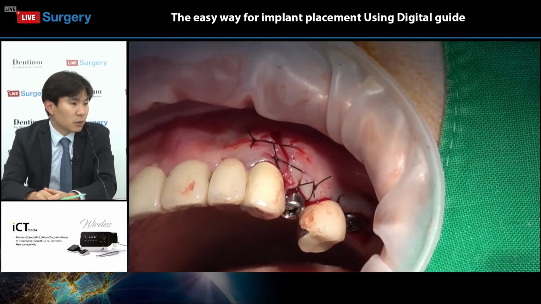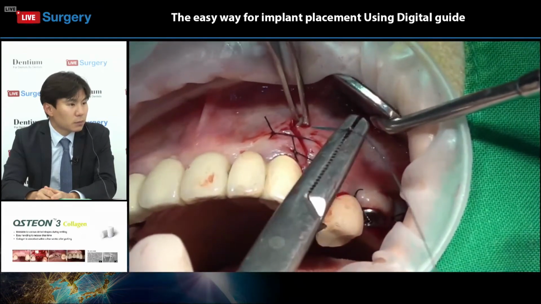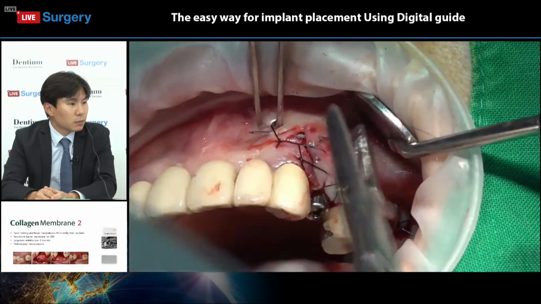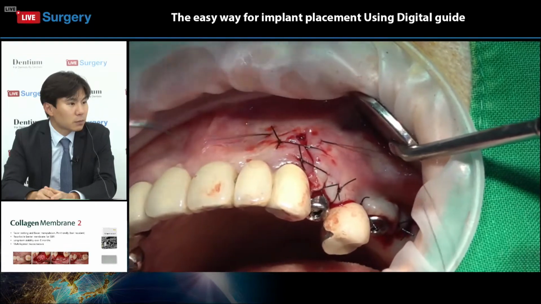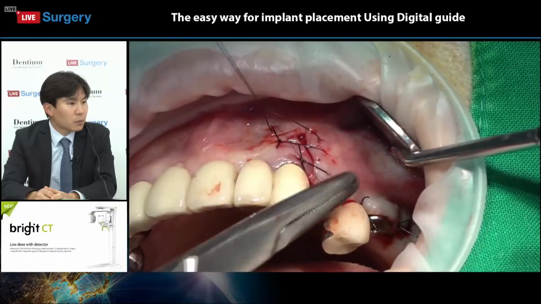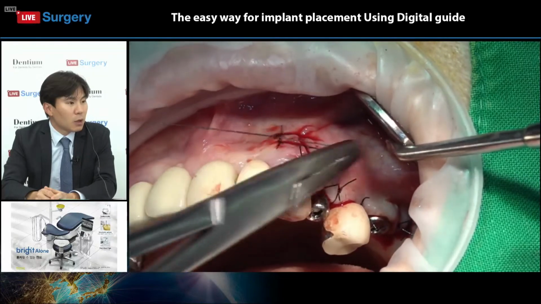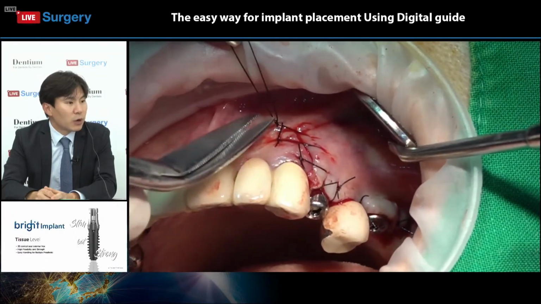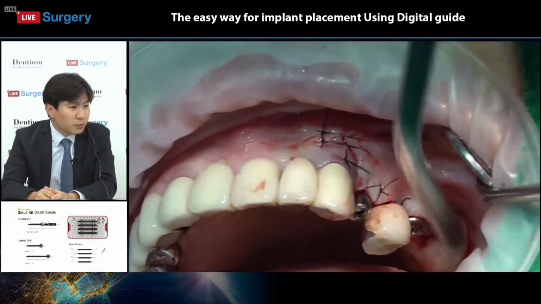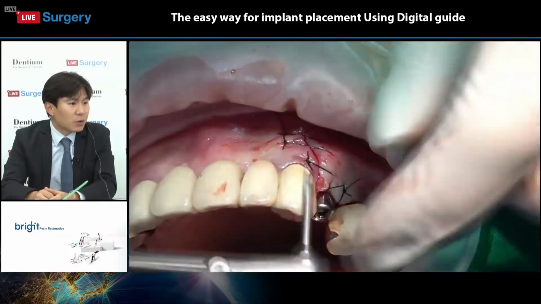We can see some tension. And he is making another stitch in the mucosal area, but we still have some gap between the tissue. I think this is okay, but we can expect some scarring after healing.